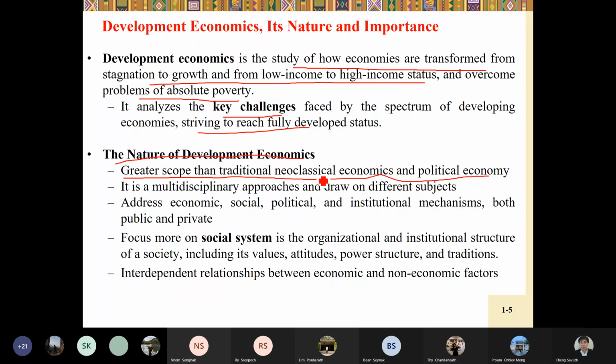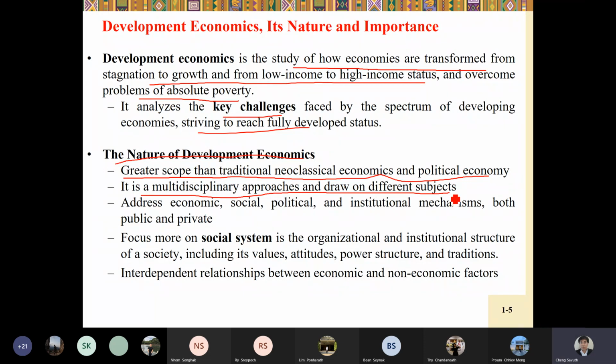Greater scope in the sense that it is a multidisciplinary approach, and it draws on different concepts. Many dimensions of development are not only about economics. It includes things like freedoms, health, education, security and so on. All of these can be learned from a multidisciplinary approach.